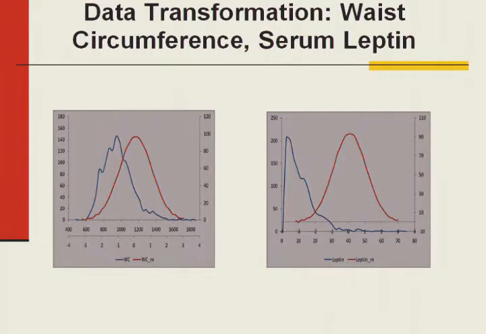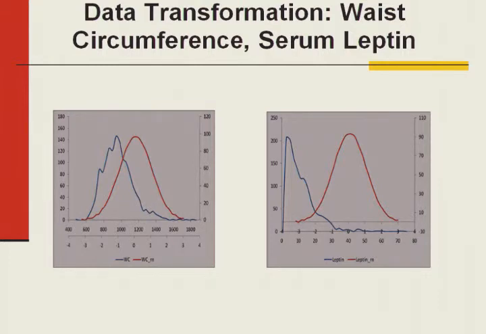On the right are leptin levels. Leptin is related to obesity, essentially. And again, we've got some reasonably long tails, and it's skewed. And there's a strong sexual dimorphism for leptin as well, which complicates things. But essentially, simple transformations can make these into our normal shaped curves.